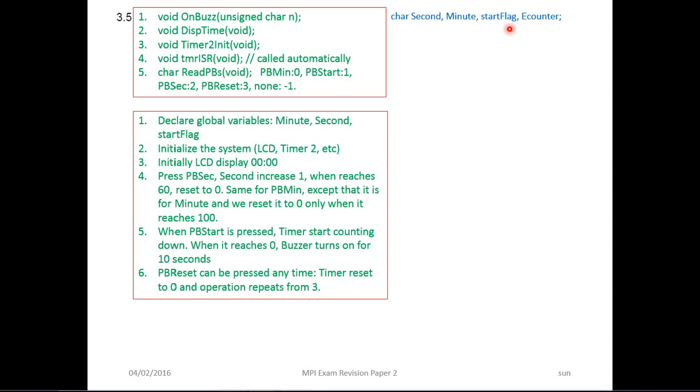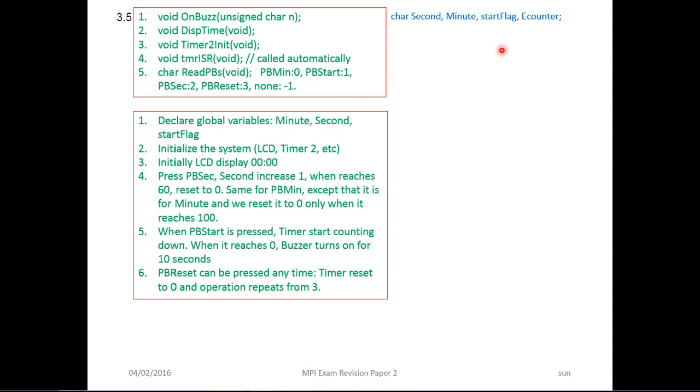For start flag and e-counter, all data types, char or integer, signed or unsigned, can be used. Unless the global variables are assigned values during declaration, they will be initialized to 0 by default.